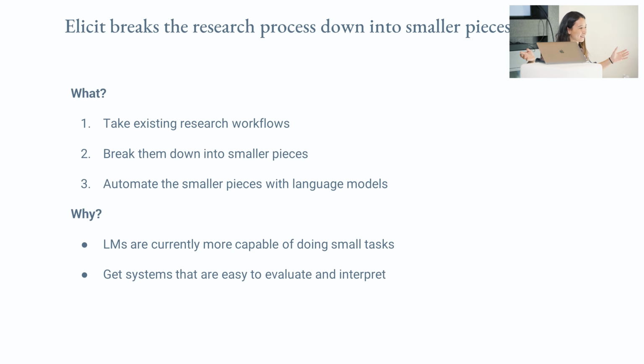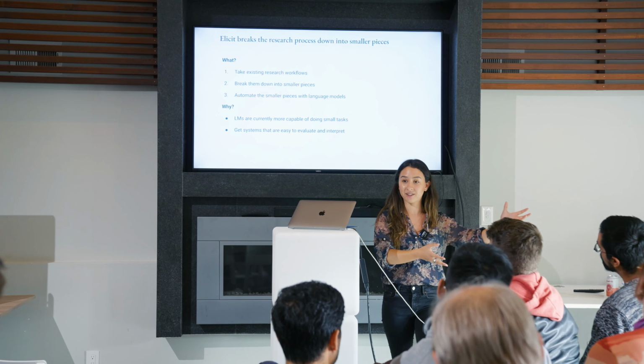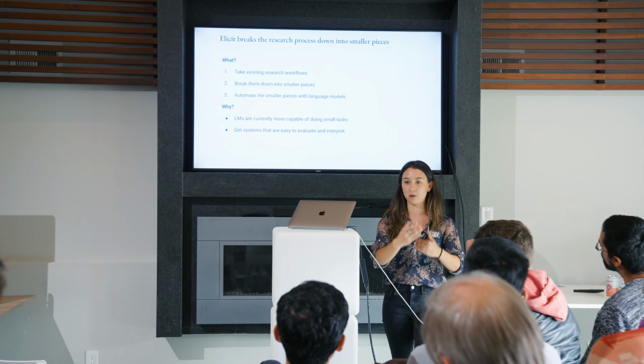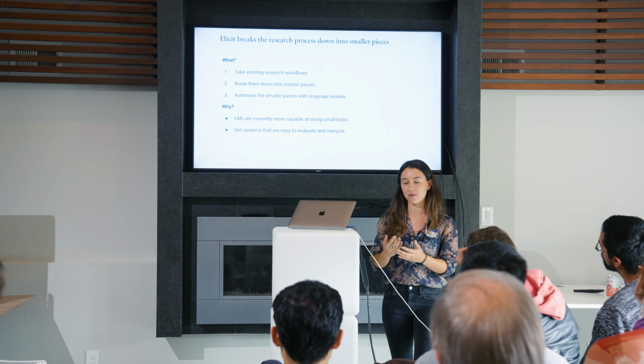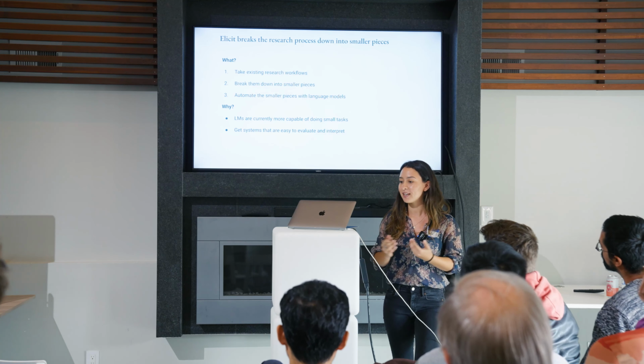There are lots of reasons why we're taking this strategy, but some of the most important ones: first, language models are much more capable of doing these smaller tasks than of just answering complex questions immediately. It's a lot harder to get a language model to answer "is this paper high quality evidence?" than it is to break that down into smaller pieces and get it to answer "what is the sample size of this paper?"